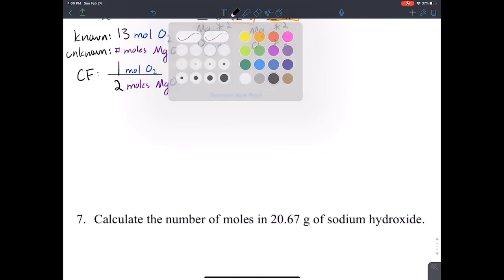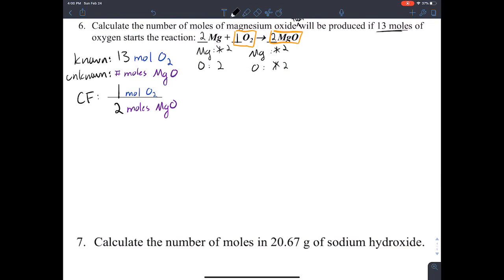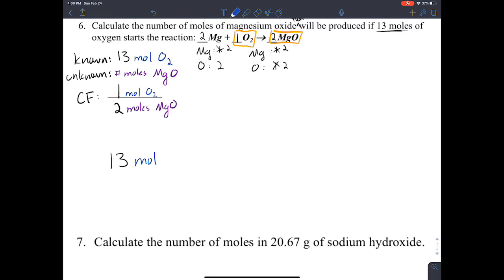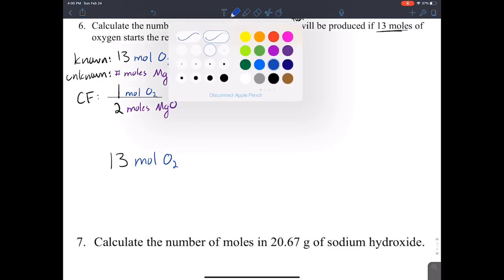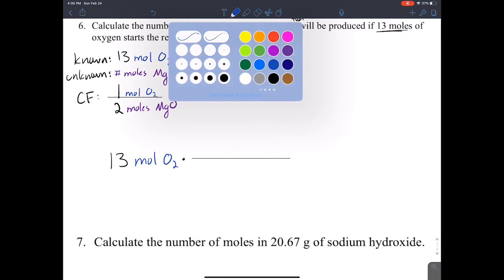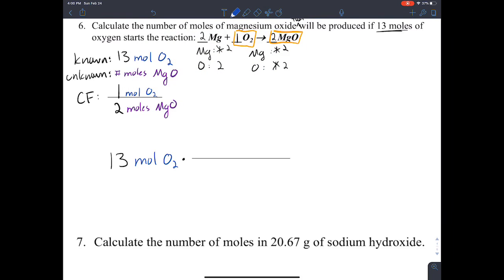Okay, so let's set up this equation. We start out with our known. Our known is that we have 13 moles of oxygen. We need to multiply that by our conversion factor. We want to cancel moles of oxygen because it's what we're starting with, so we need to put it in the denominator, drop it like it's hot.